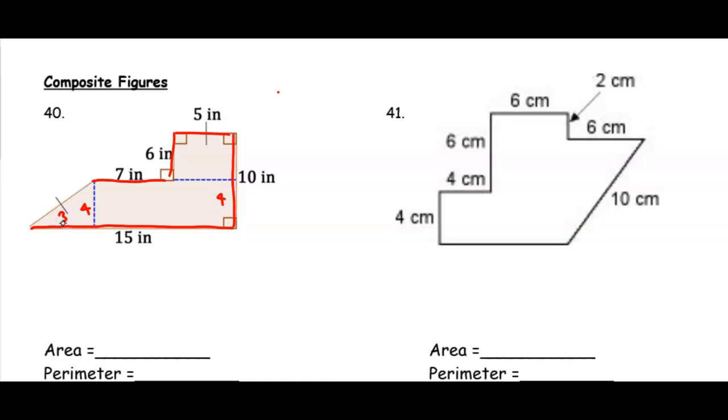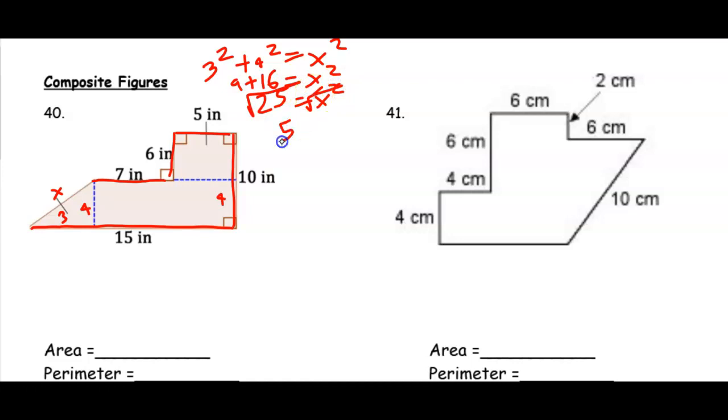Okay, now to figure out this tick mark, we can use Pythagorean Theorem using 3 and 4. 3 squared plus 4 squared equals, we'll call it x, x squared. 9 plus 16 is 25. Square root, 5 equals x.